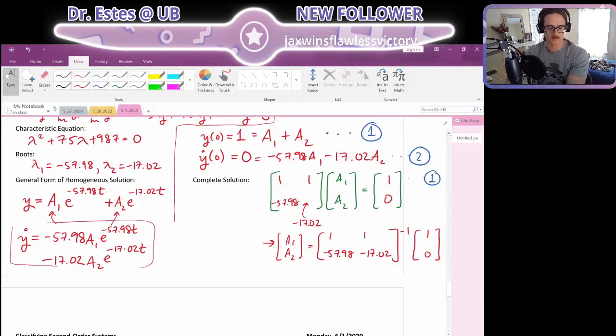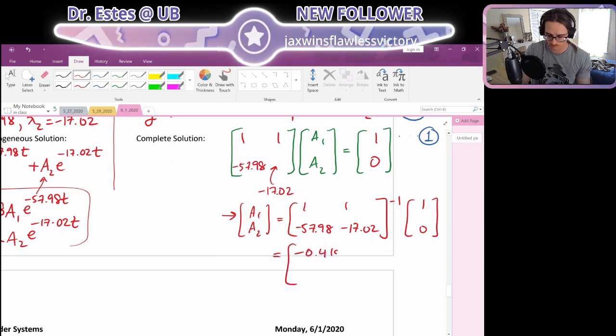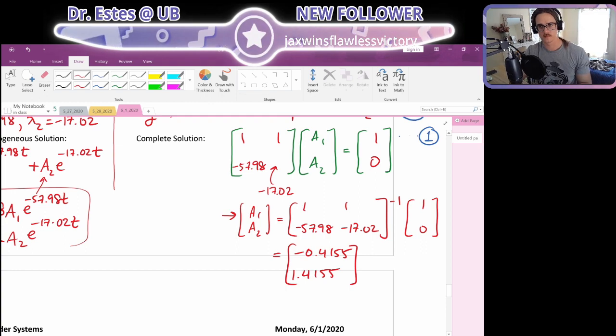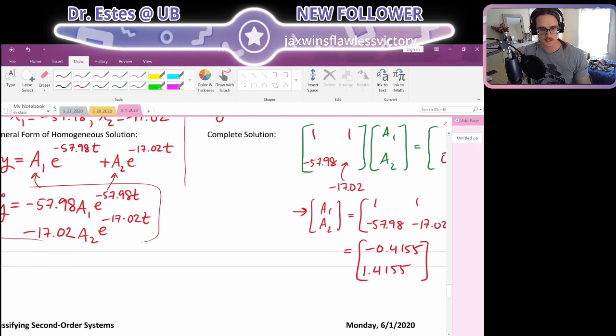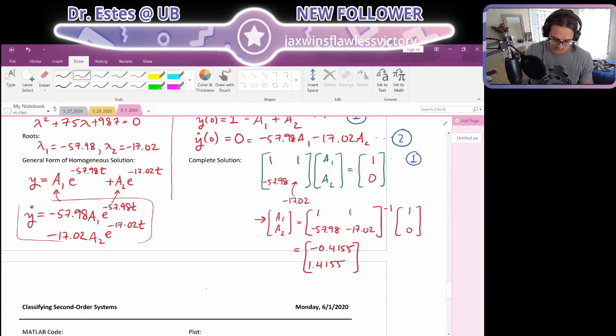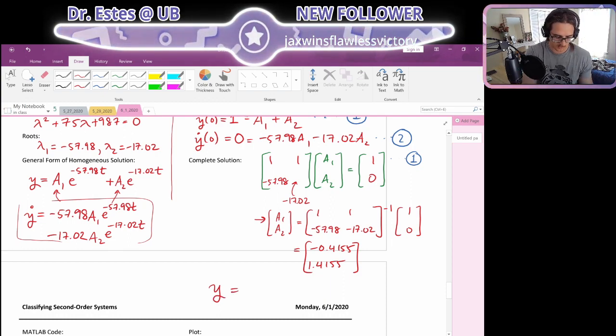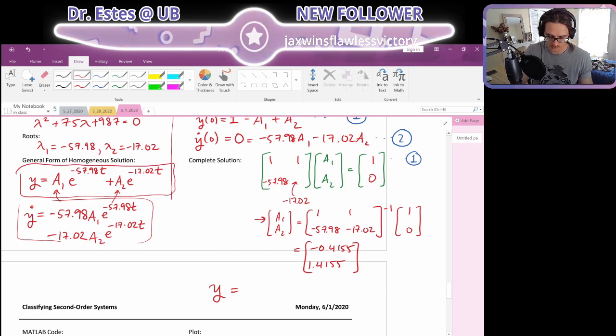Let's go back here. So we calculated that in MATLAB. So A1 is minus 0.4155, A2 was 1.4155. So our complete solution, heck, I'll just write it right here. So I'm going to use this equation, and I'm just going to plug in A1 and A2.